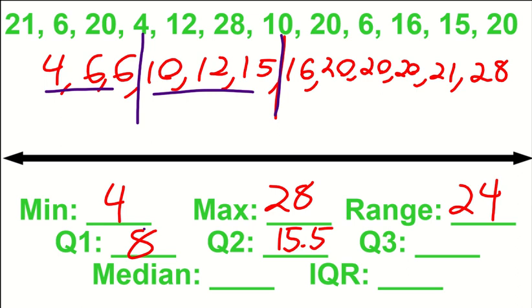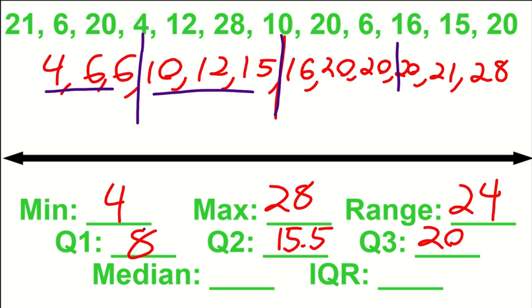Any one of those cubes very easily can be a decimal when they're between two numbers. Okay? Then Q3, 20. That happens to be between 20 and 20, so that one don't have to add up and divide.